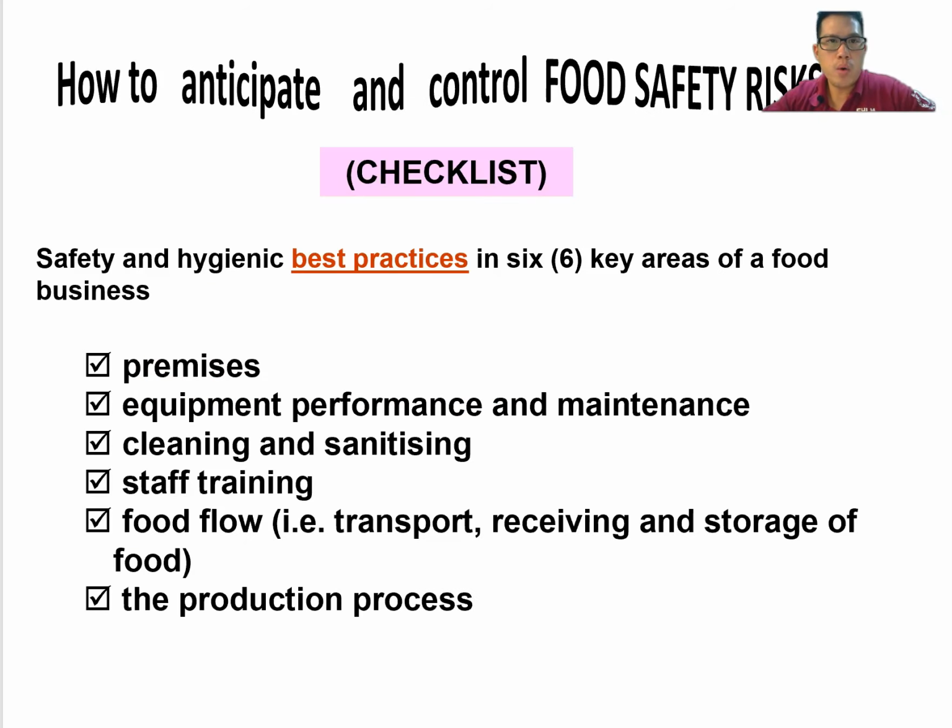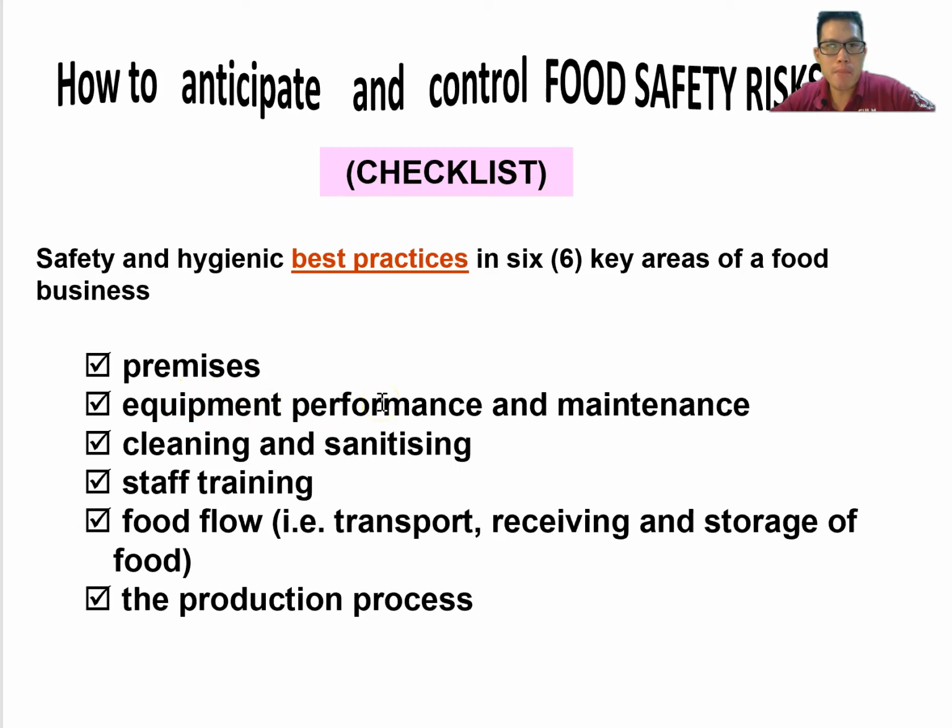So this is what we have mentioned before, the checklist, how to anticipate and control food safety risks. The best practice in these 6 key areas includes the premises. Make sure your premises are clean and sanitized.